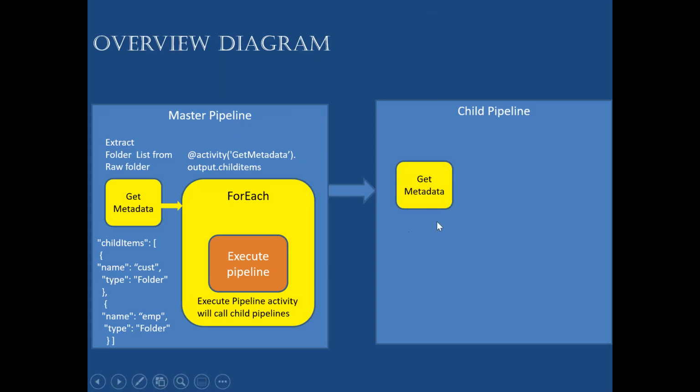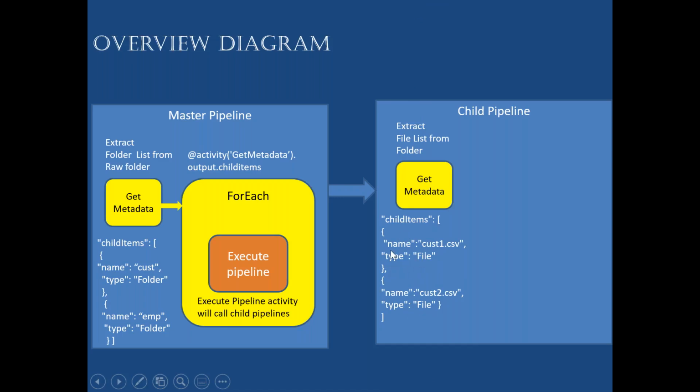Now in get metadata, what is the value we have here the first time? Under get metadata, you see here you just have a raw folder, but here you have a cust folder as well, raw/cust. So what this get metadata should do is get me the files. See here, type is file.